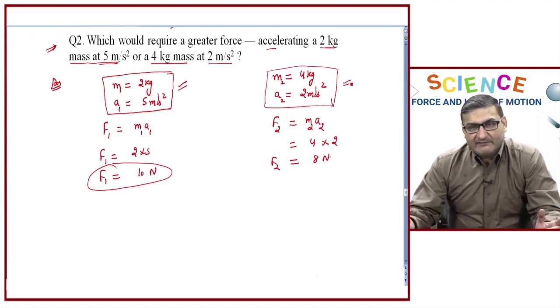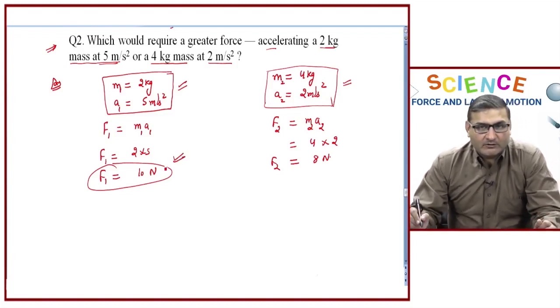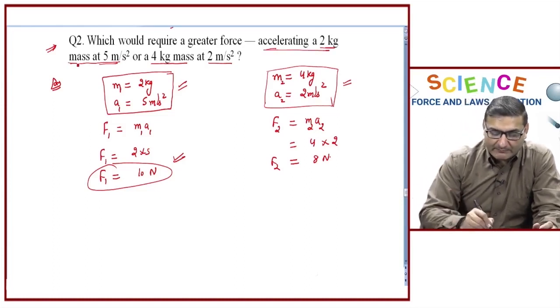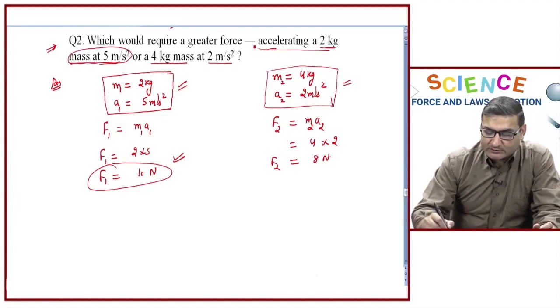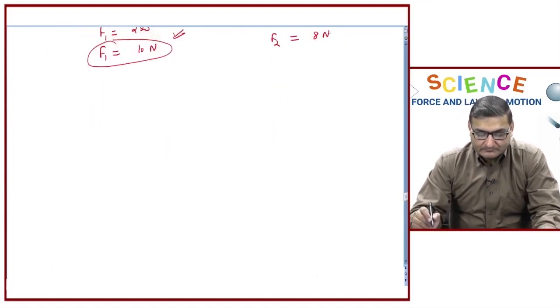So we can very well observe and relate that this is more amount of force which is required. So the force required for accelerating 2 kilogram mass at 5 meter per second square will be greater as compared to the second force. Got it?